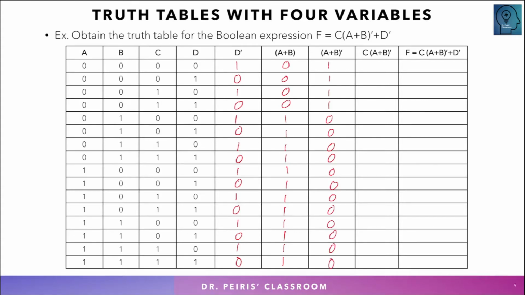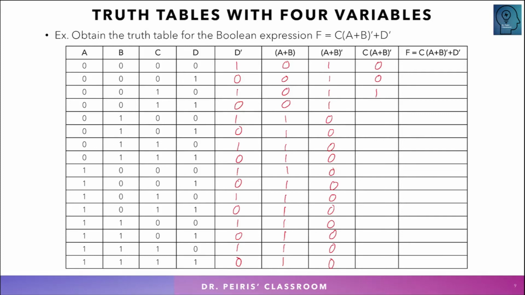Once we finish with that, the next thing is to do the AND between C and the (A OR B) prime column. So we look at this column and then the column C. We are doing the AND, which means both need to be 1. For the first 2 rows C is 0, so the output must be 0. The third one, both are 1, so this is 1.